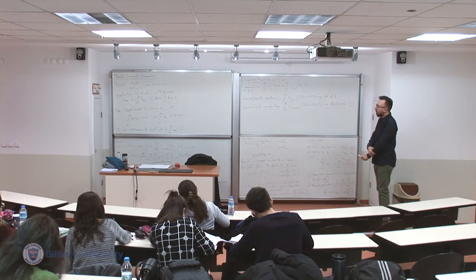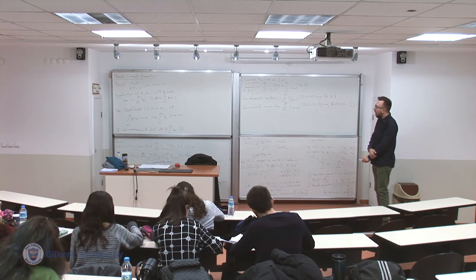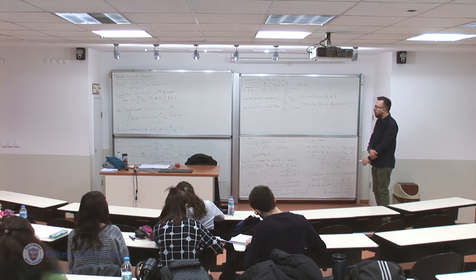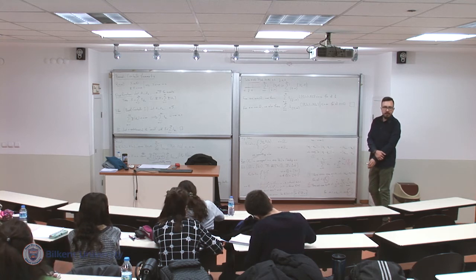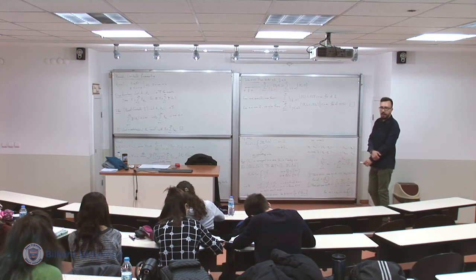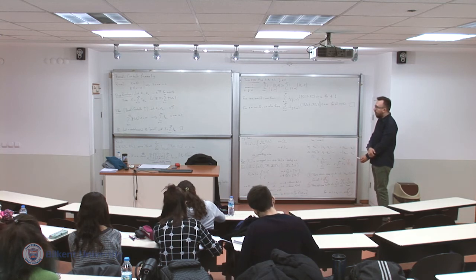The nice thing about this lemma or theorem is that its condition, the sum of probabilities is finite, is just about probabilities. It doesn't say anything about the actual sums or anything. It's just the sum of probabilities.